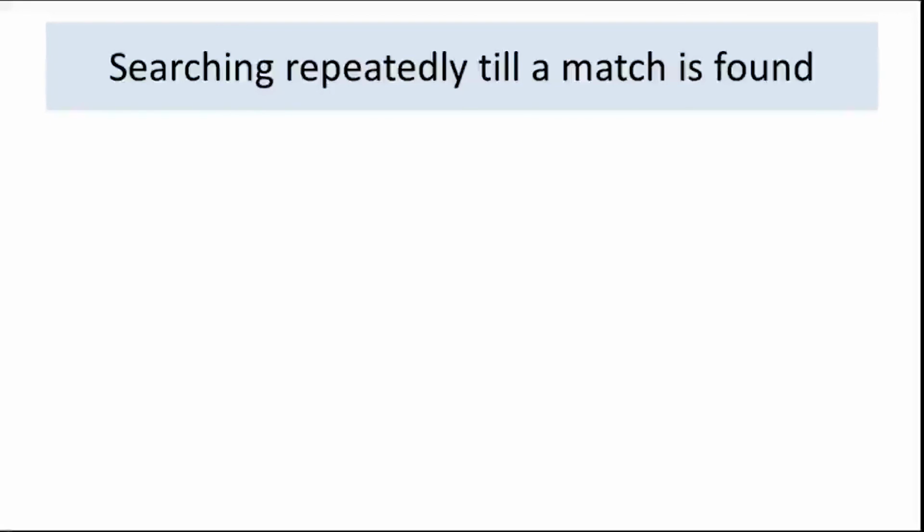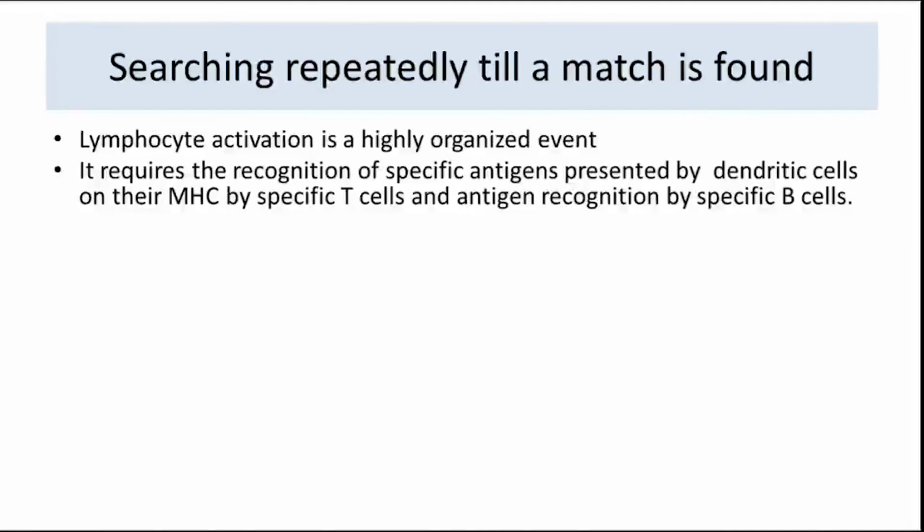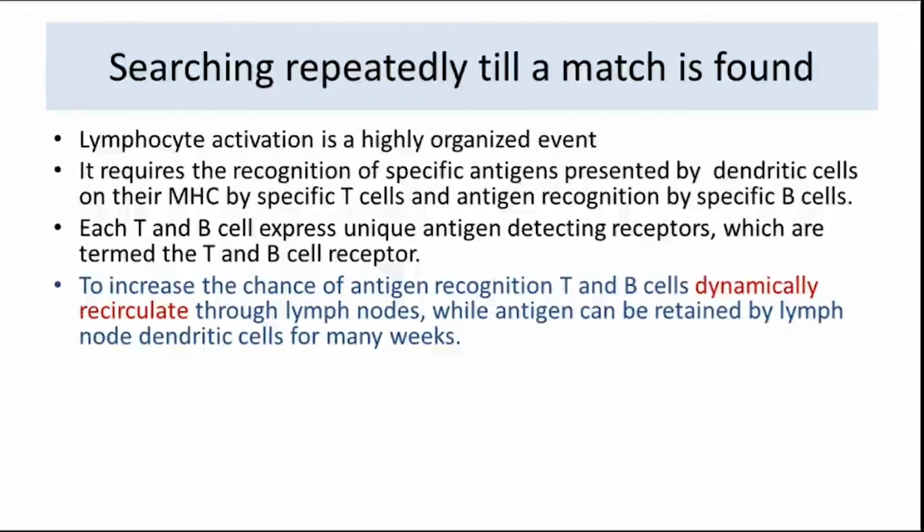Now a very important phenomenon happens. We earlier talked about the possibility that the T cells are not going to recognize the antigen being presented by the dendritic cell. So what happens in that case? A very interesting phenomenon takes place. To increase the chance of antigen recognition, T and B cells are dynamically recirculating through the lymph node until they identify the right antigen as per their own suitability.